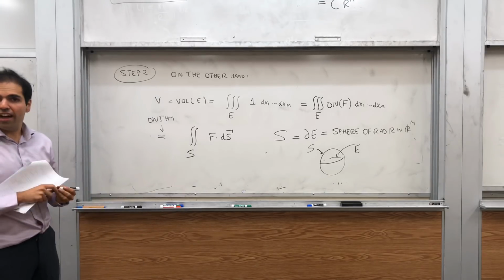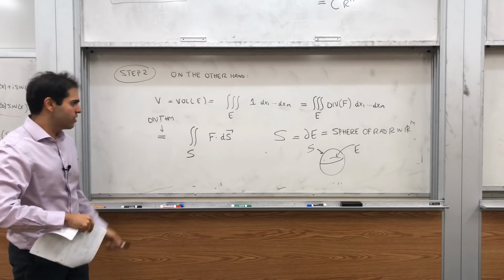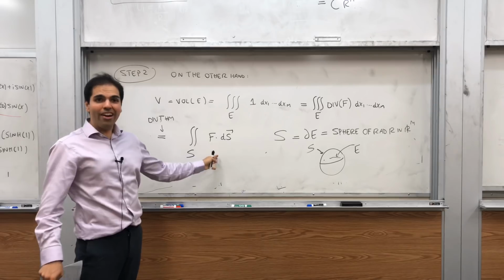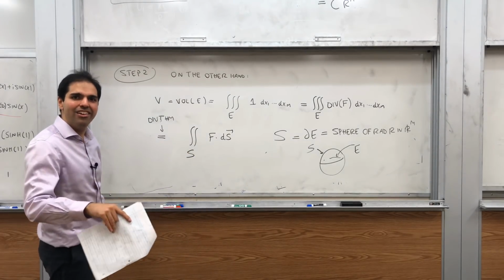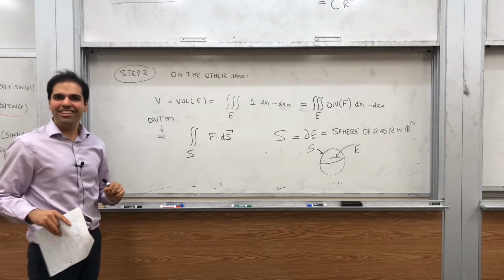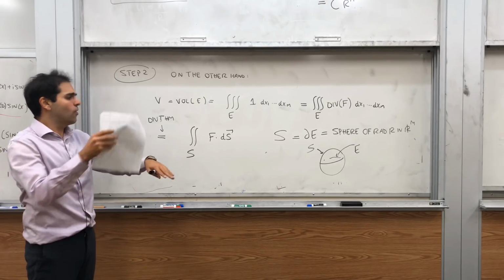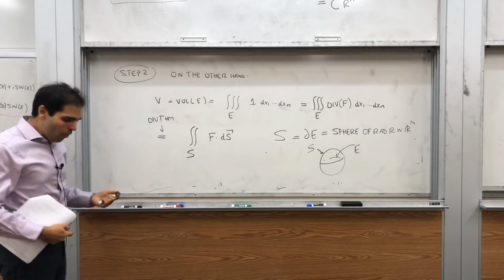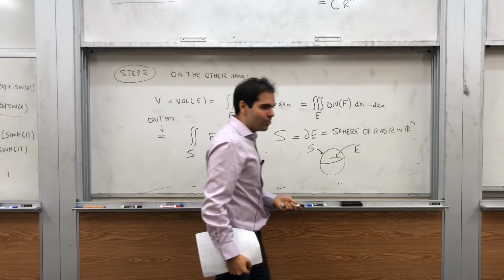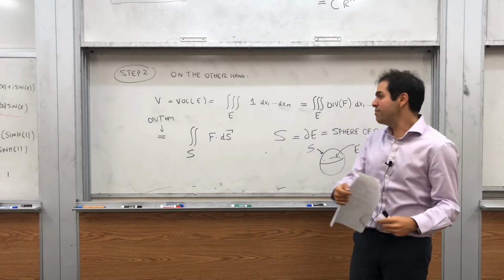There are two ways of calculating the surface integral. The annoying way is to parameterize your surface and do F dotted with the normal vector, or there's a much nicer way that's parameter independent.